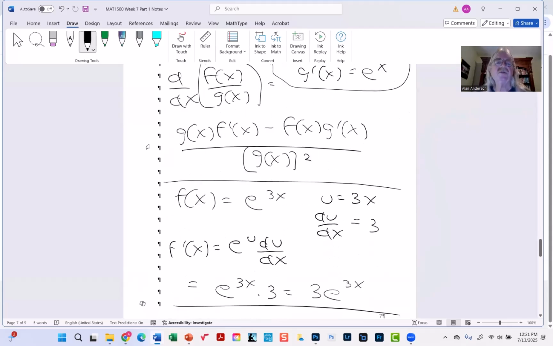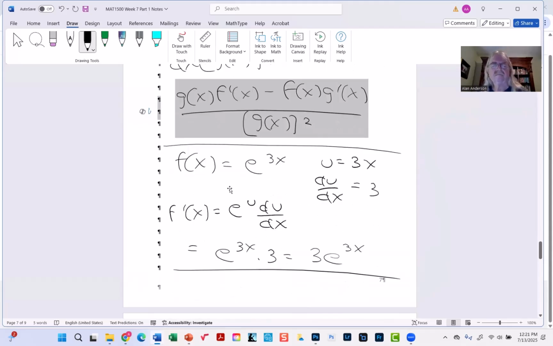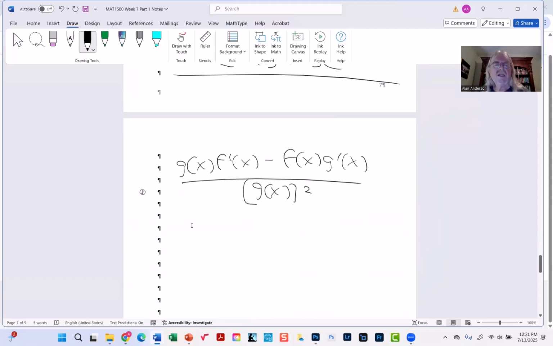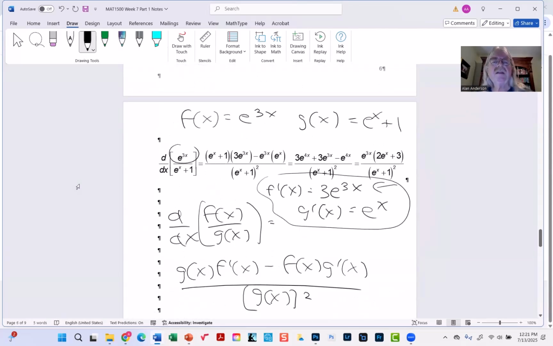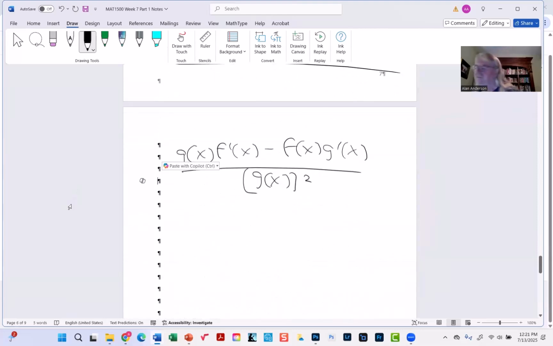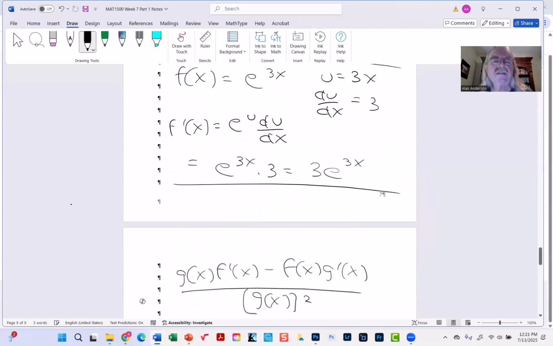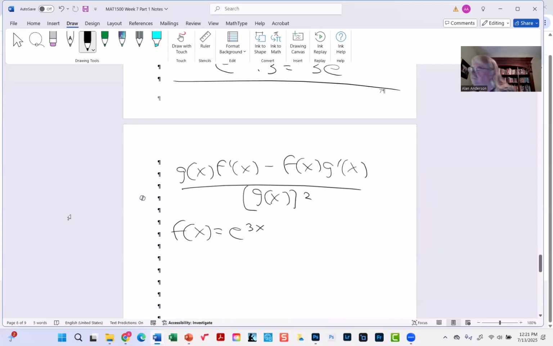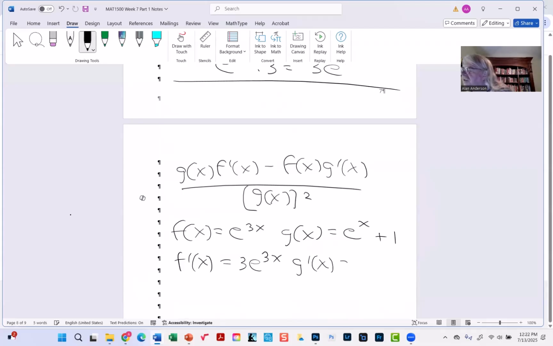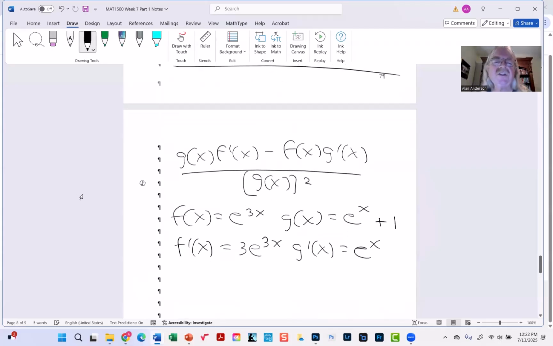So now we just do some substitution. All right, let me just quickly write down the values again, so we don't lose them. F of x is e to the 3x. G of x is x e to the x plus 1. F prime of x is 3e to the 3x. And g prime of x is simply e to the x. So now we can make our substitutions.